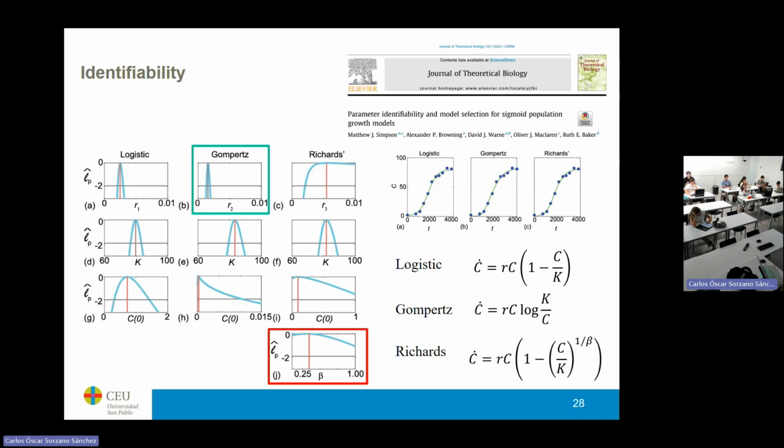This is R. R is very identifiable in Gompertz. So if you change R, it changes so much that you don't have a doubt about what the value is. But for Richards, you don't know which one it is. It is not identifiable. It could be any one of these. And the same here. So for beta in Richards, there is very little identifiability.